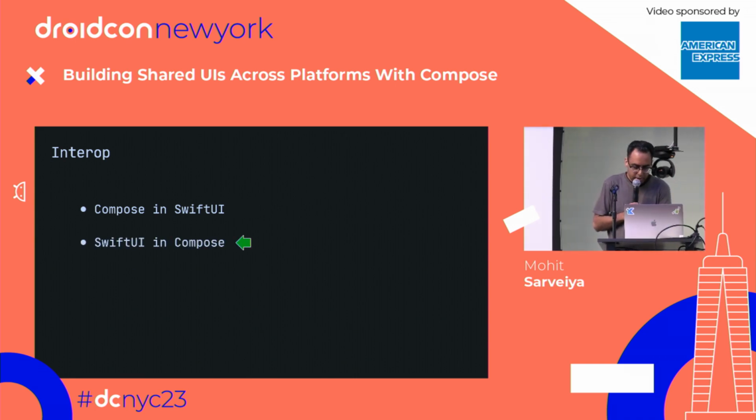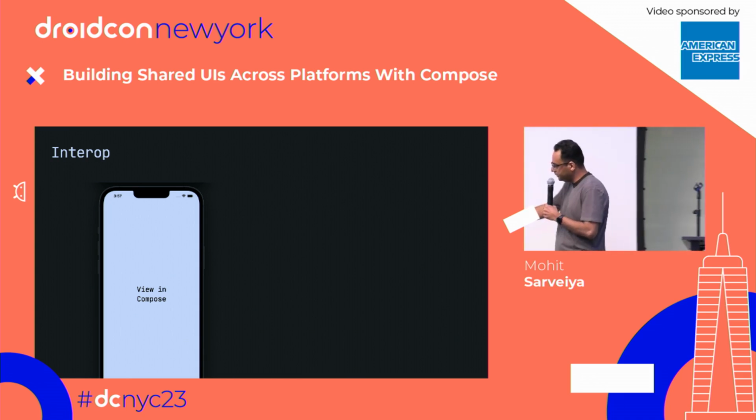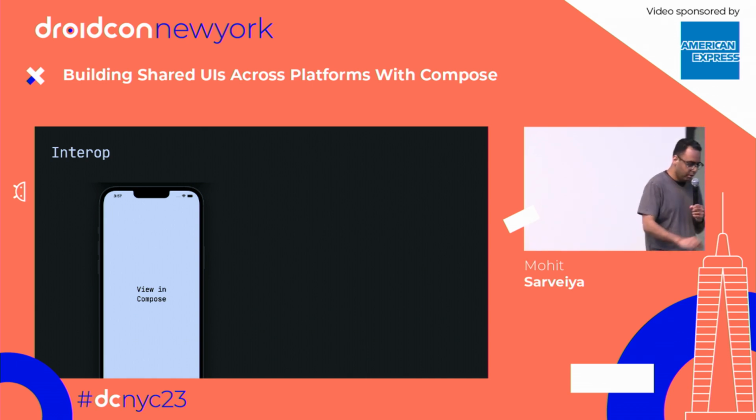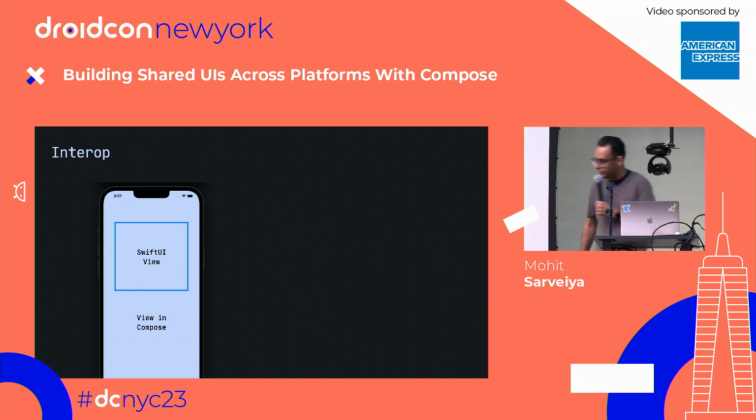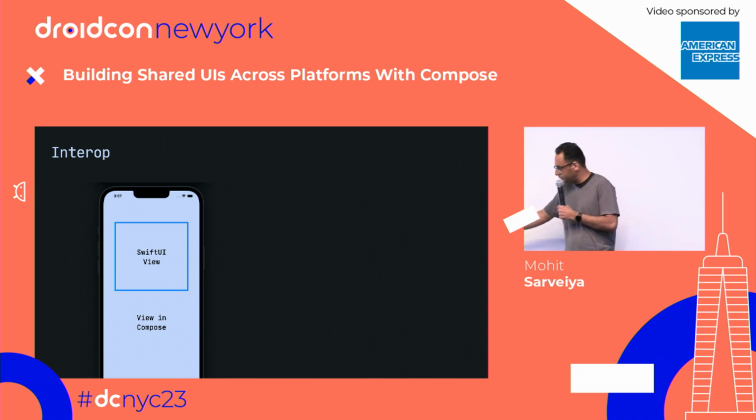What if you have a Compose component, but there's a piece of SwiftUI you actually want to use inside of that? How do you use SwiftUI in Compose, right? So imagine you have a simple view, a column, and I have a text in the middle, a view in Compose. And I want to display a SwiftUI view, which has a border of blue, my favorite color, and black, with this text.